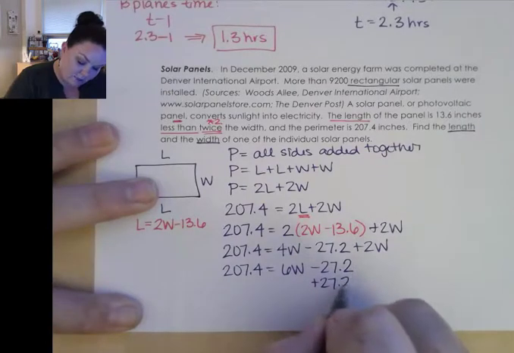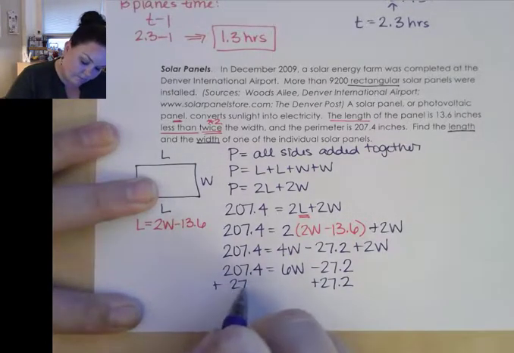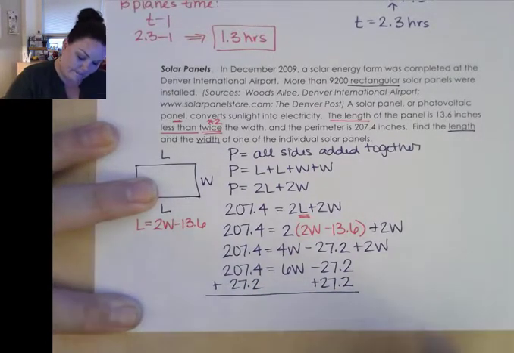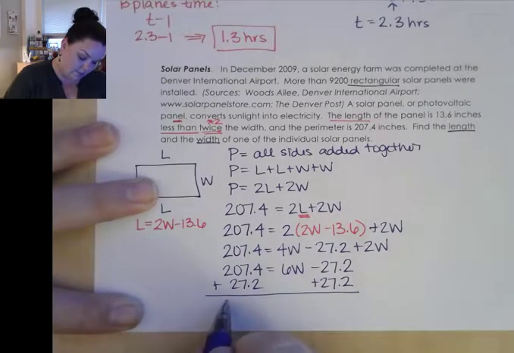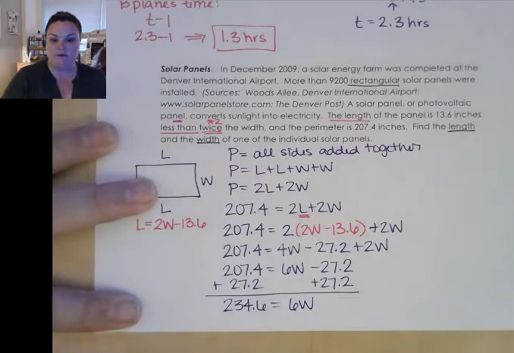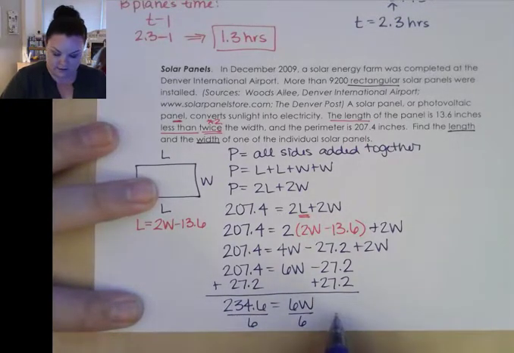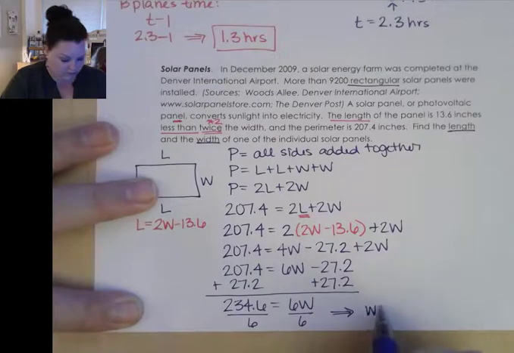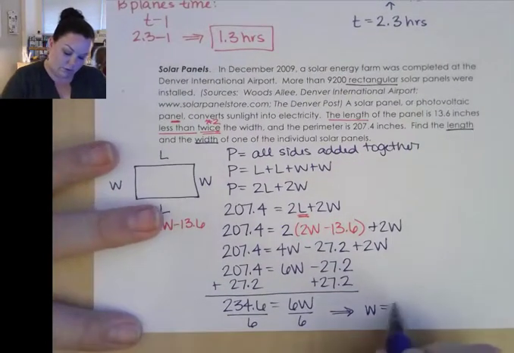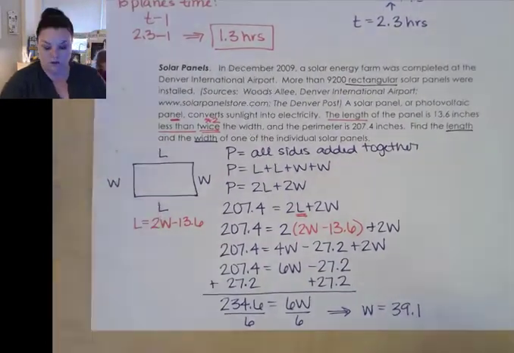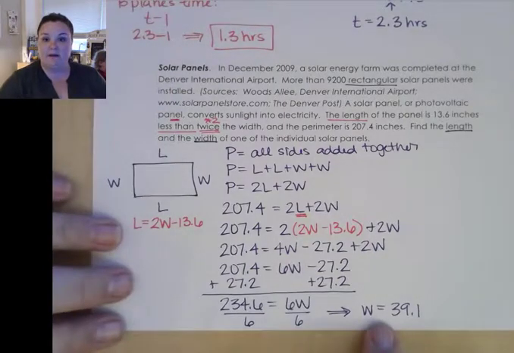So I'm going to add 27.2, which gives me 234.6 is equal to 6W. And then the last thing I have to do is divide off my 6. And I ran out of room. So W is equal to 39.1. All right, so that's telling me about the width.